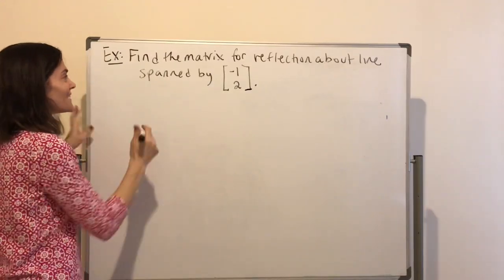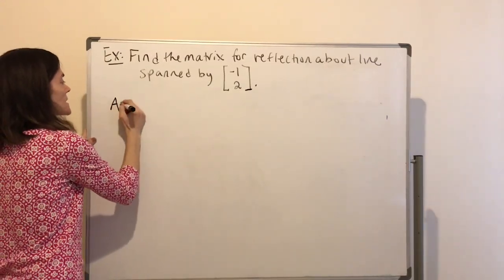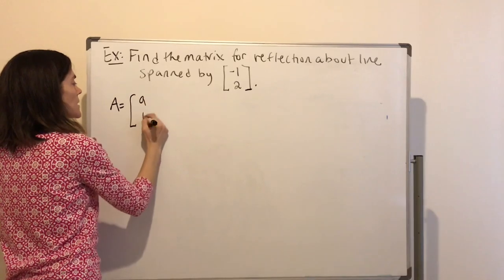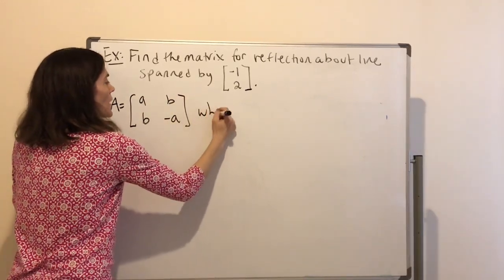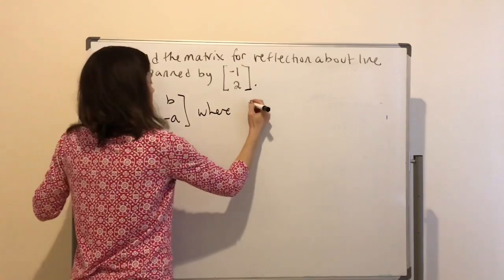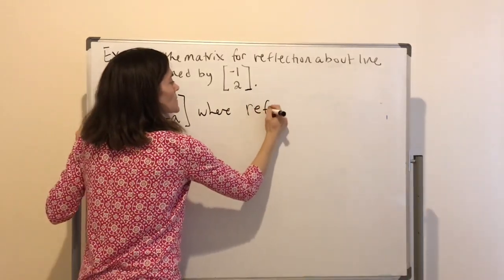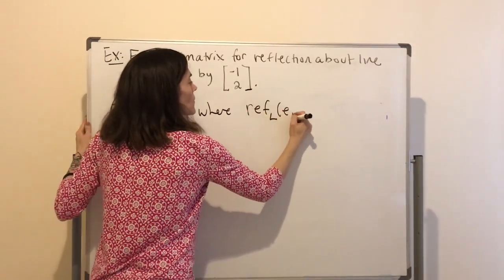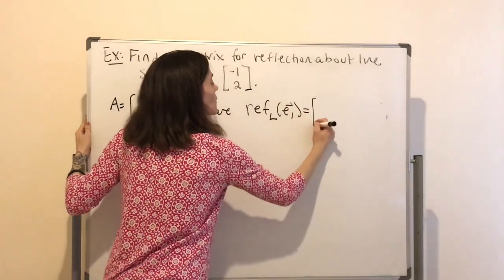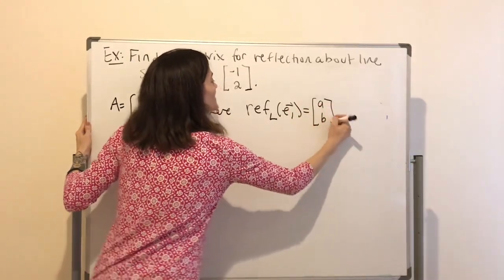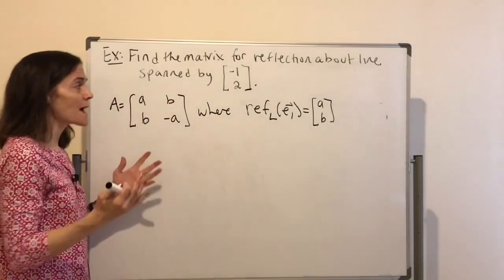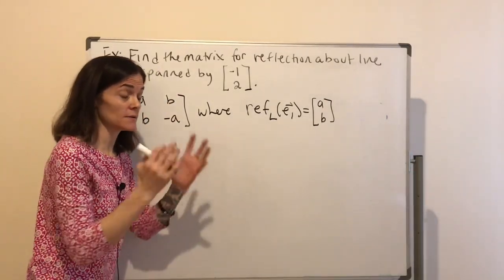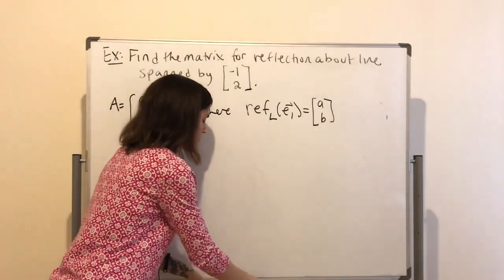Well, we know the matrix A is [A, B; B, minus A], where, maybe I'll write it this way this time. We need to compute, just like in the last example, what happens under this transformation to E1, and then we will be able to get our matrix.